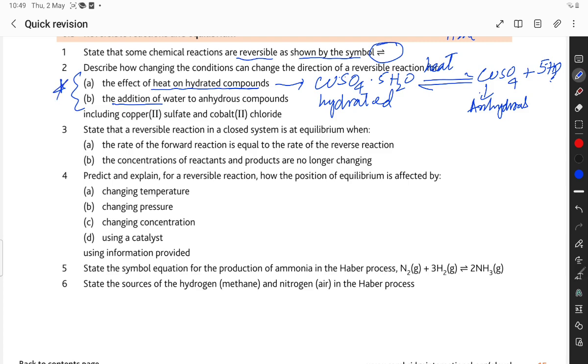This is for cobalt chloride as well as copper 2 sulfate. Cobalt 2 chloride has similar reactions.